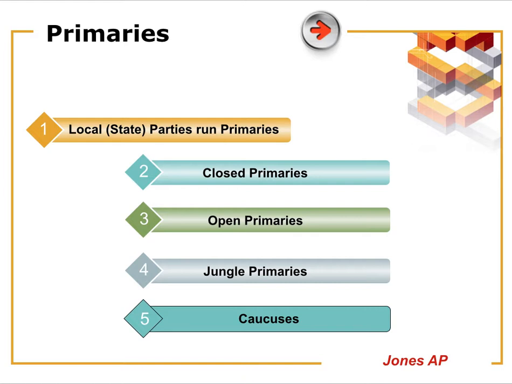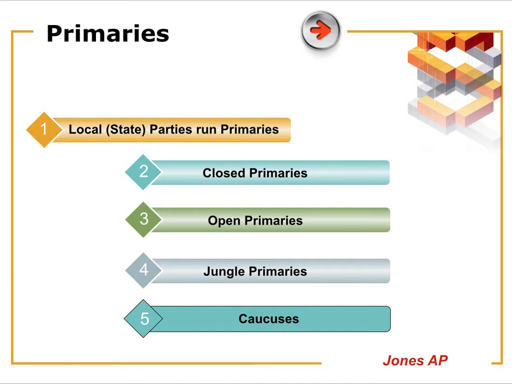Now, some jungle primaries take the top finisher of the Democrats and take the top finisher of the Republicans and then run those two in the general. California is very different. They're like Louisiana. They're like a couple of other states. The top two finishers in the primary election run in the general election. And if there are two Democrats or two Republicans, that's just the way it is.